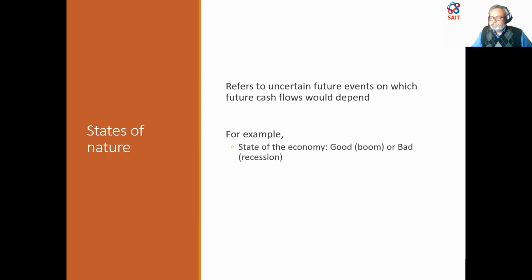Or it could just be the state of the economy, as I mentioned. Did we have a boom time, or was the economy in a recession? And then you can have varying degrees of such states of nature too, right? In terms of agriculture, did we have good rains, or did we have a really dry spell? Because dry spells would be not so good as far as crops are concerned.